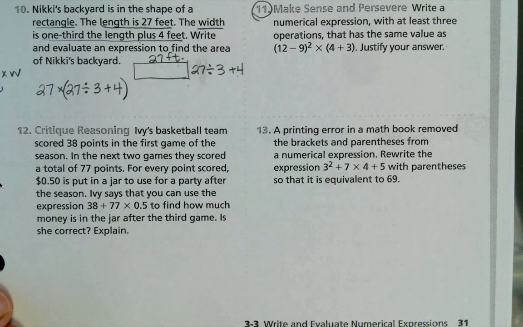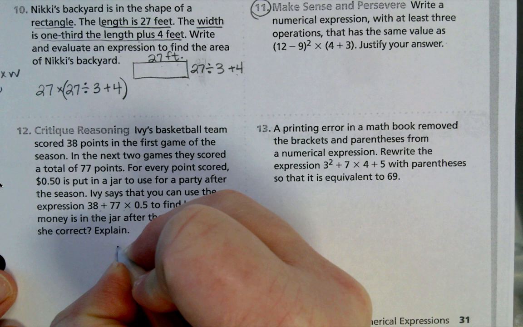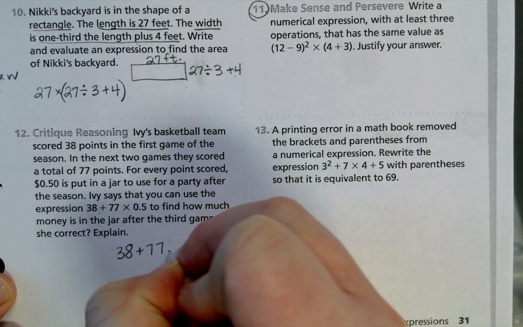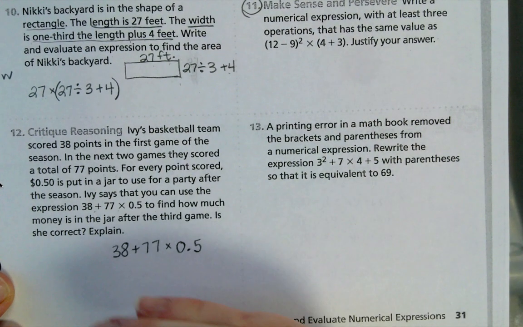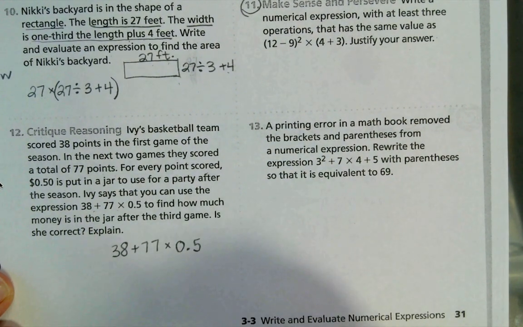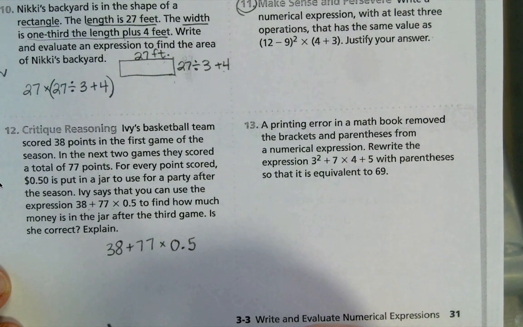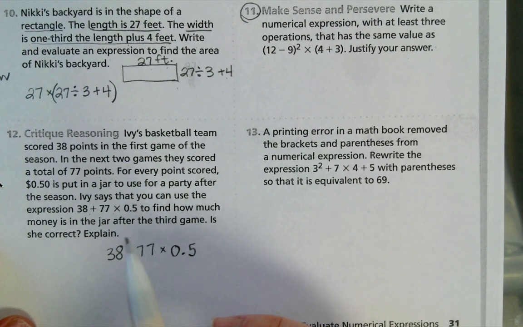Okay, so here is the thing. We're going to rewrite this problem real quick. She's saying 38 plus 77 times 5/10, or 50 cents really. Just like that, this is going to give us how much money. I want you to think about this with me, okay?